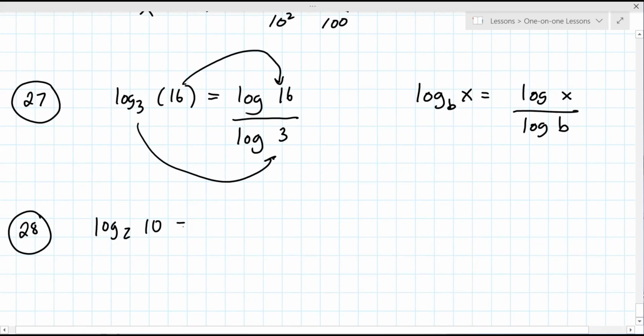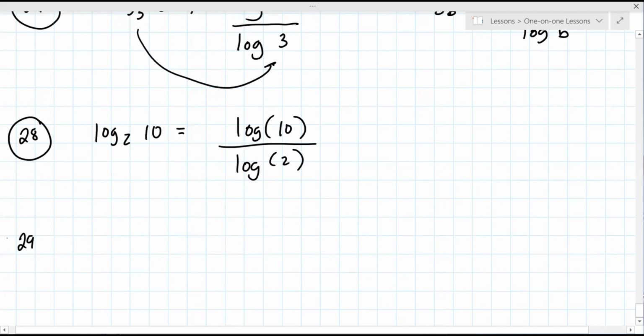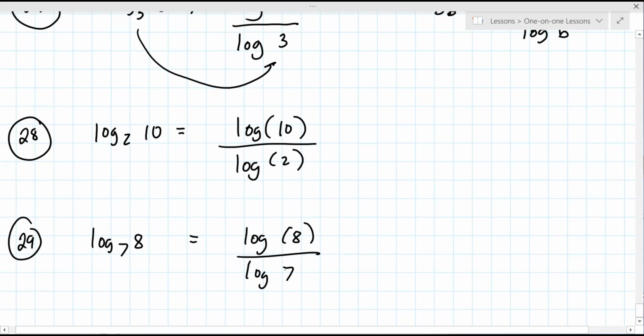Log base 2 of 10 is log of 10 over log of 2. 29: log base 7 of 8 equals log of 8 over log of 7.